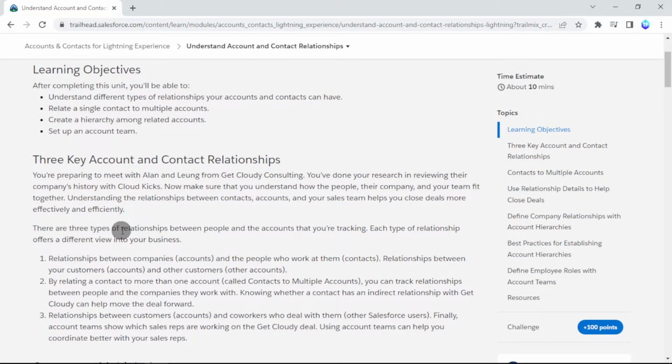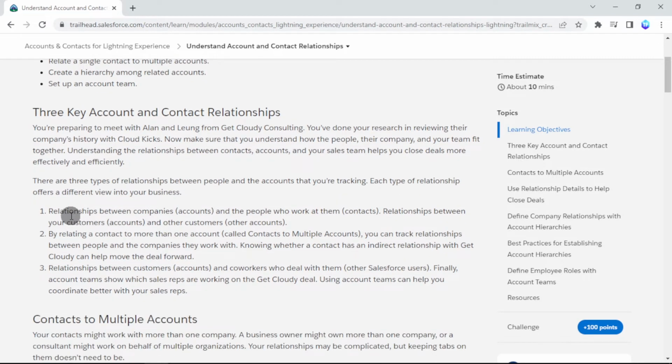There are three types of relationship between people and the accounts that we are tracking. Each type of relationship offers a different view into our business. The first one is relationships between companies, that is accounts, and the people who work at them, that is contacts. The relationship between our customers and other customers.